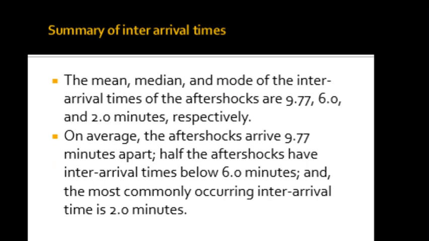On the other hand, for the inter-arrival times, the three values are 9.77, 6.0, and 2.0. Basically, the aftershocks arrive on average 9.77 minutes apart. Half of the aftershocks are below 6.0 minutes, and the most commonly occurring inter-arrival time is 2.0 minutes.